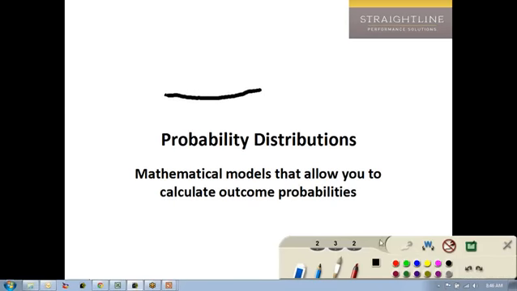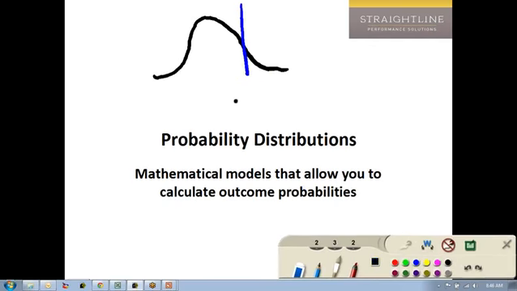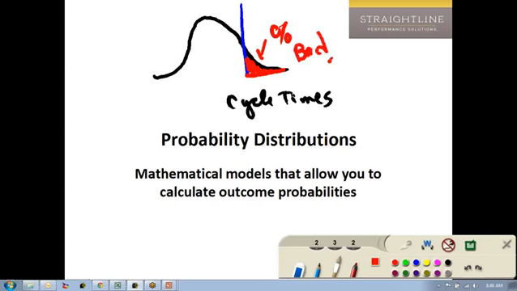If we can look at a process that looks something like that, with a customer spec of, say, here, and these are cycle times or delivery times or turnaround times, whatever is right in your vernacular, what we're really interested in is how do we estimate that area that's percent bad? Or for glass half full people, the percent on the other side. That's really what we're talking about with capability.